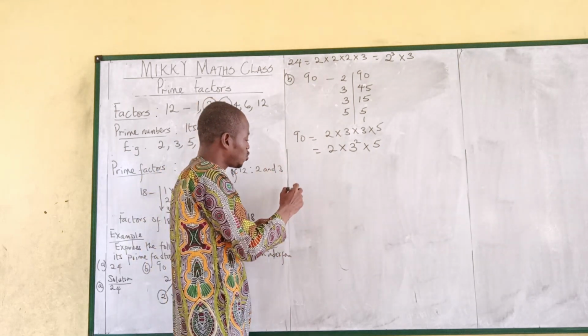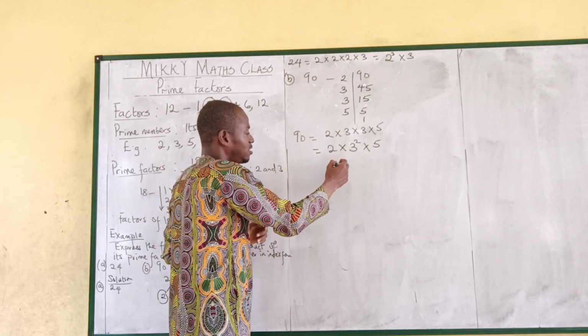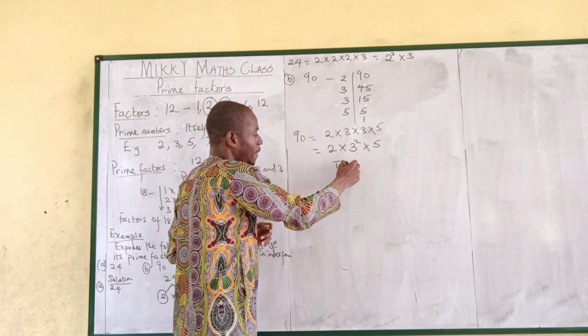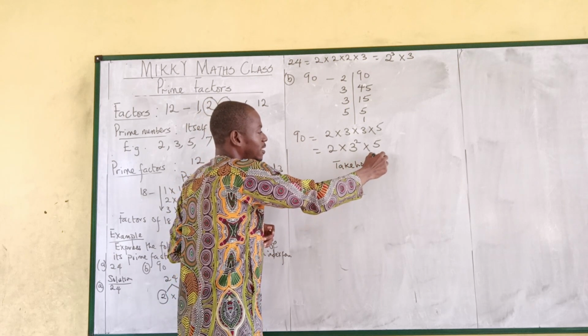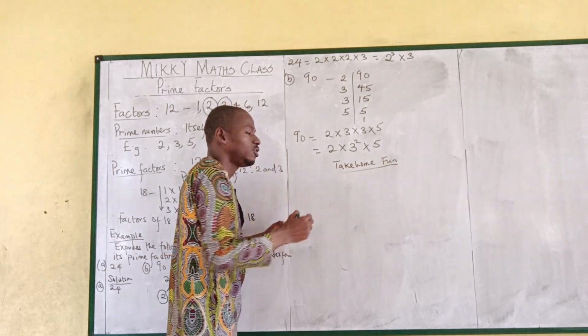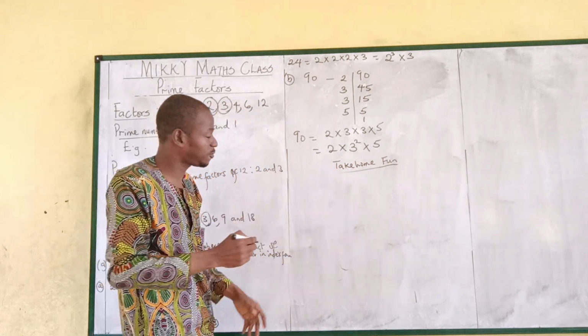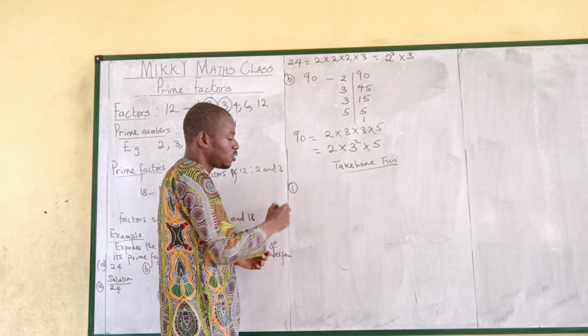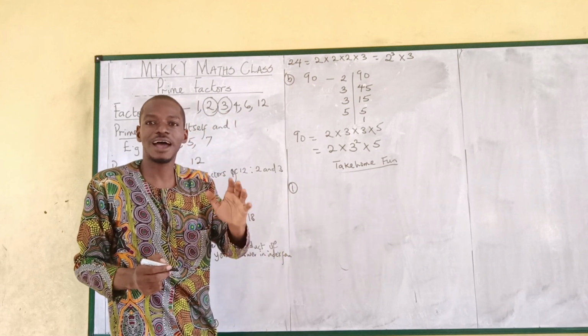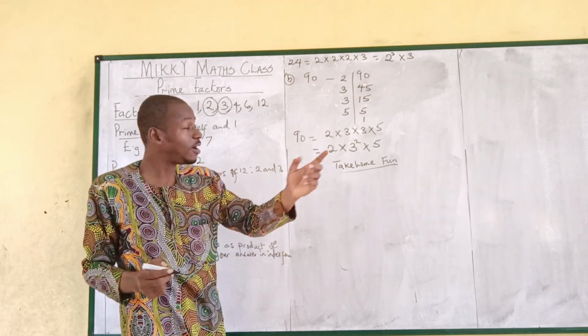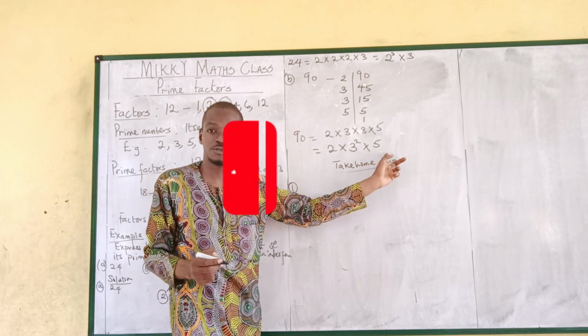Alright, you can try out this one. You can take it home. Take home fun. You can do it at your leisure time. Express the following numbers as a product of its prime factors. You can also leave your answer in index form.